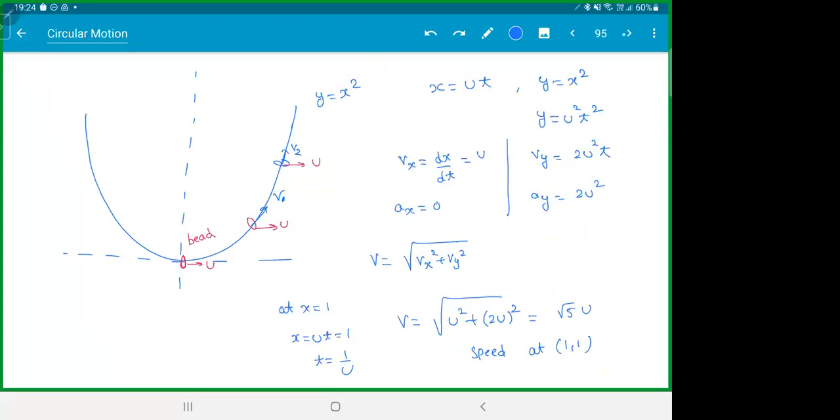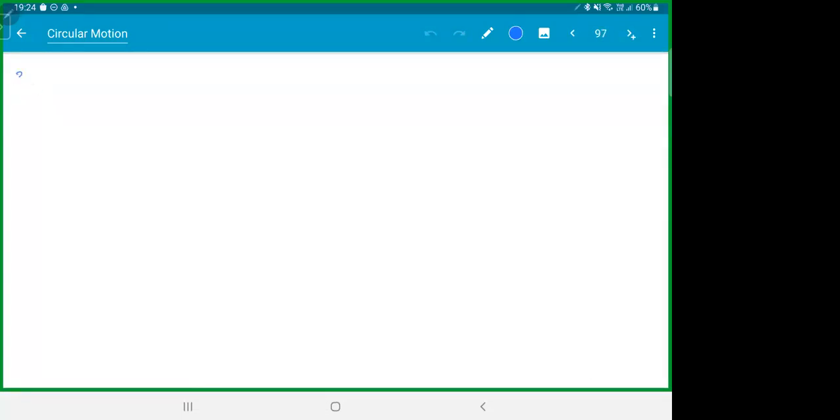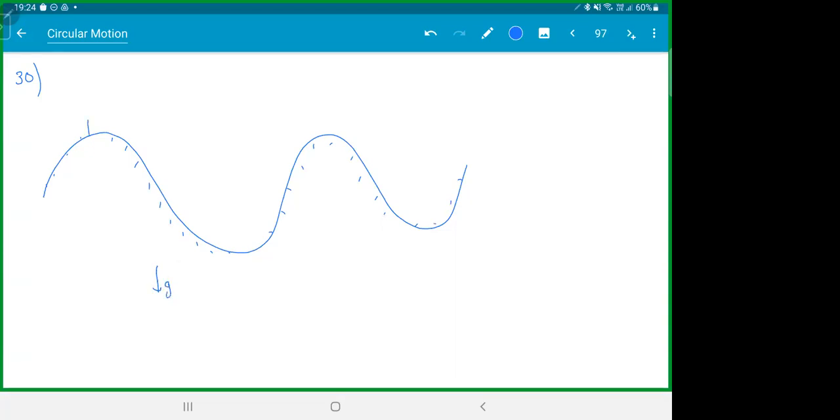Yeah, next one. Let's do an easy one. We have a random curve like this. Gravity is there. We have a vehicle of mass m going with speed u.